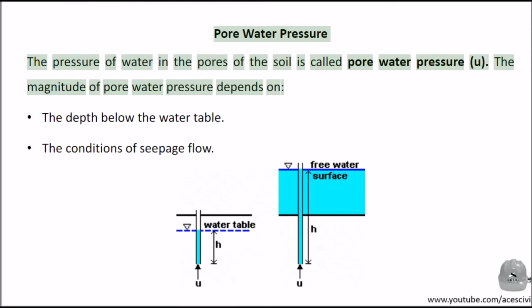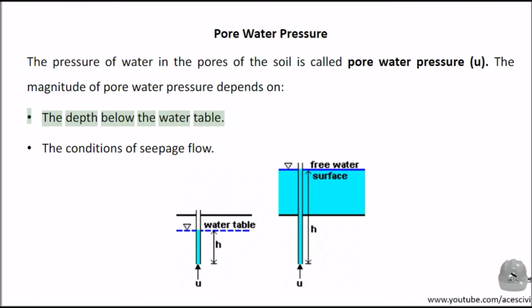Pore water pressure. The pressure of water in the pores of the soil is called pore water pressure, u. The magnitude of pore water pressure depends on the depth below the water table and the conditions of seepage flow.